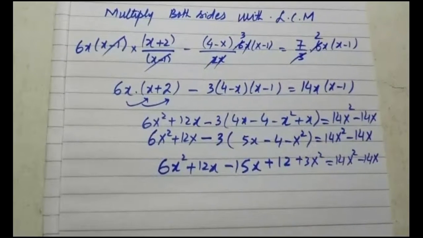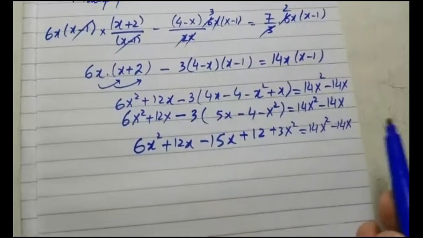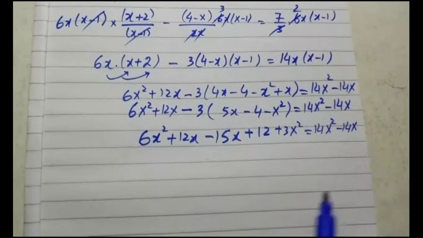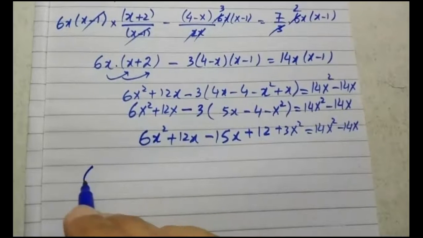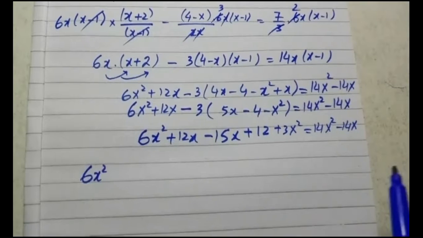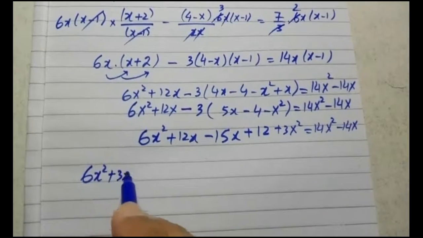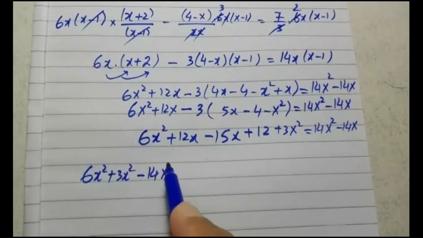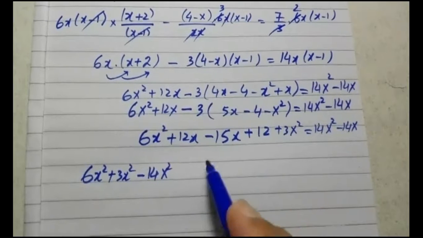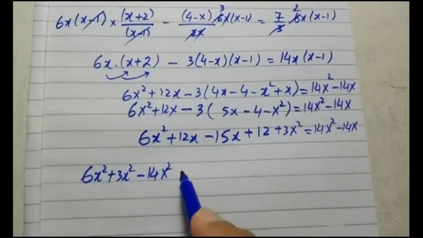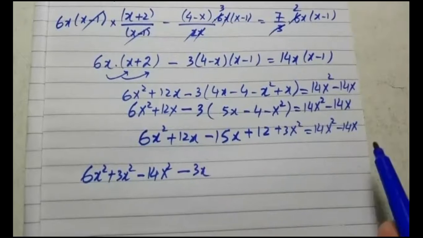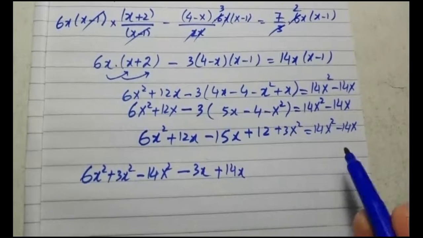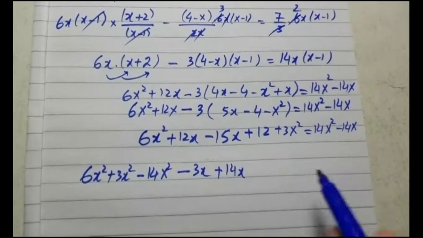Now you can shift all the terms from the right hand side to the left hand side so that we can simplify the expression, like 6x square, 3x square, terms involving x square, and minus 14x square from the right hand side. Then we have 12x minus 15x, which becomes minus 3x, and we get plus 14x from the right hand side. And the number plus 12 will be as it is.